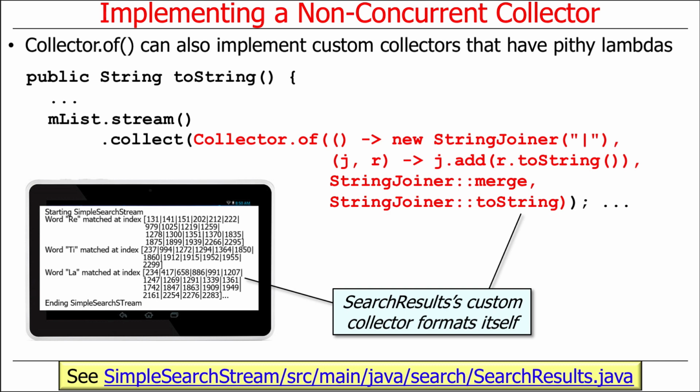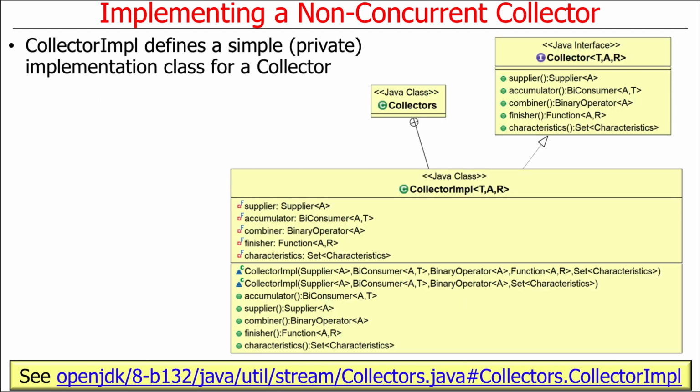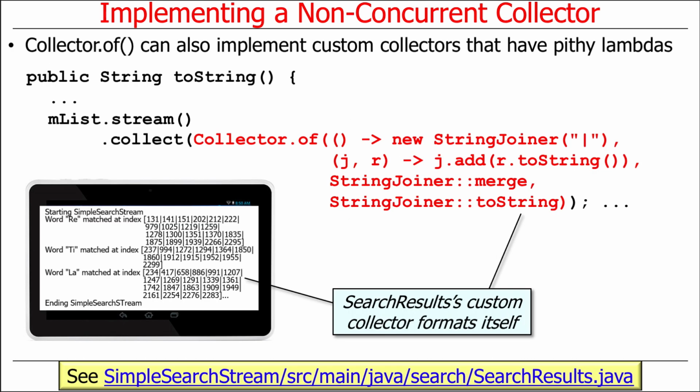So just to make that point really clear, here is toList, right? toList was common enough that it made sense to have a factory method in a class, and we're going to abstract away this implementation detail. You could, of course, use collector.of.